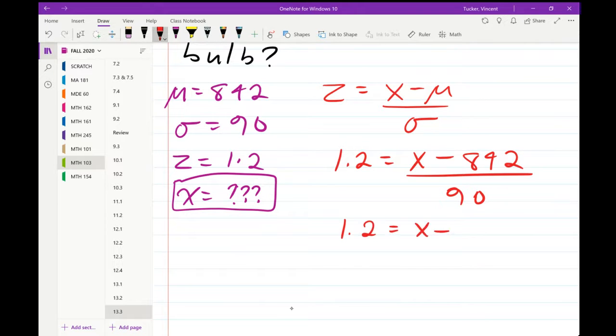So first thing we'll do is multiply both sides by the 90. The nineties cancel out on the right.